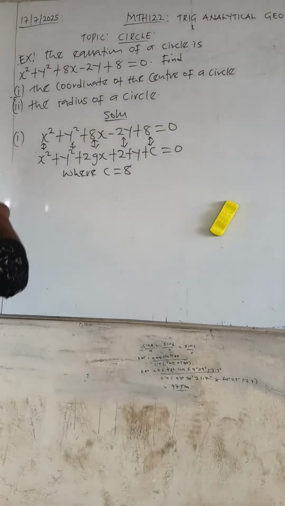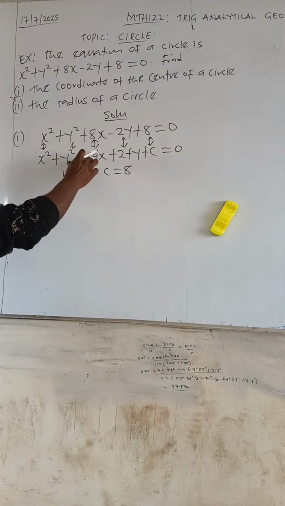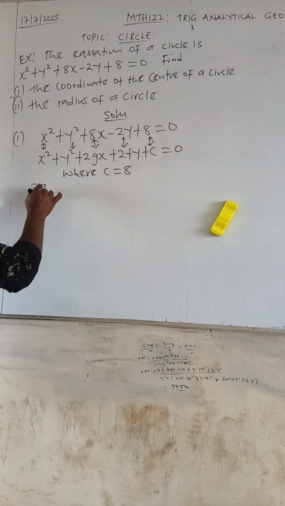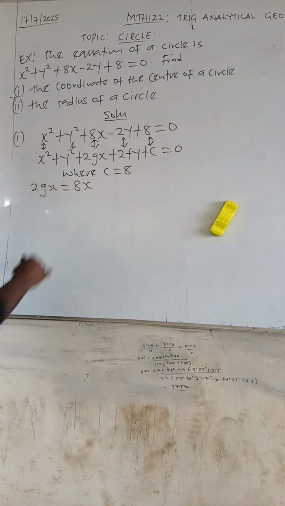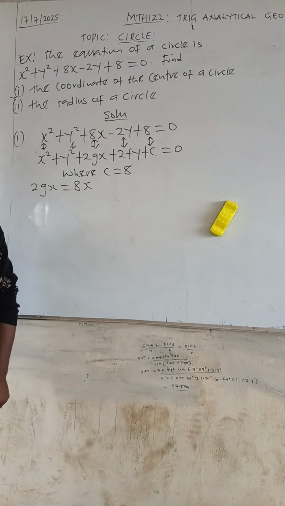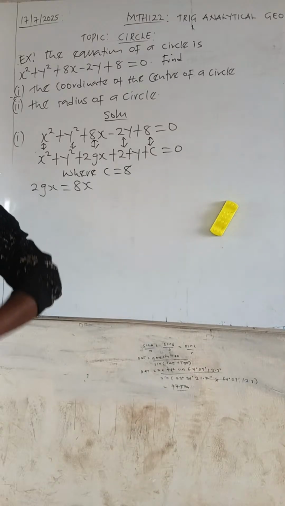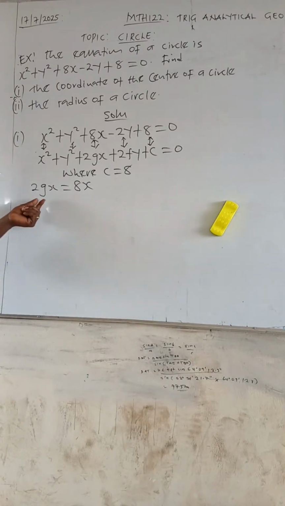So now, it means we are going to equate this. 2gx is equal to 8x, true or false? True. At this point, we are looking for G. So how can we look for G?